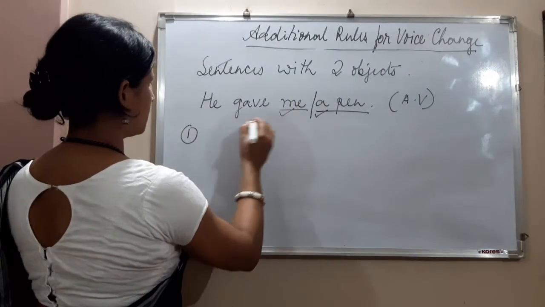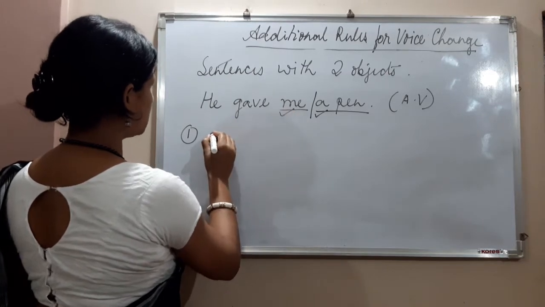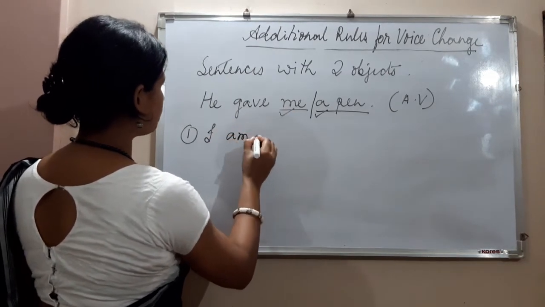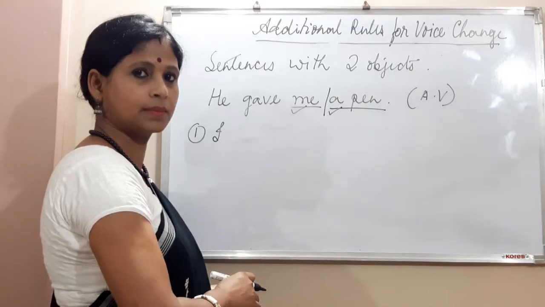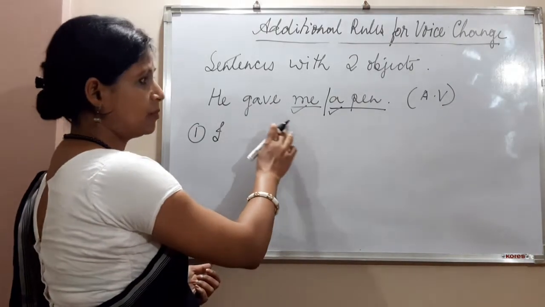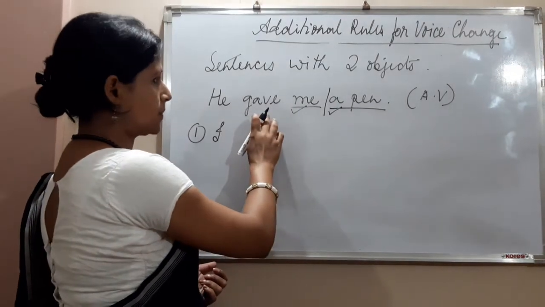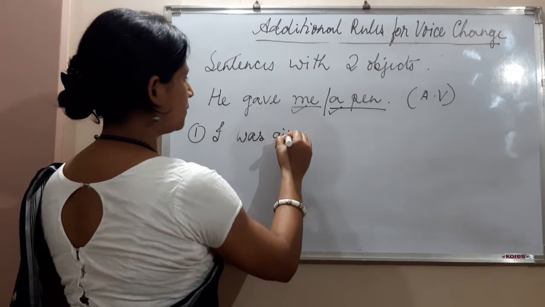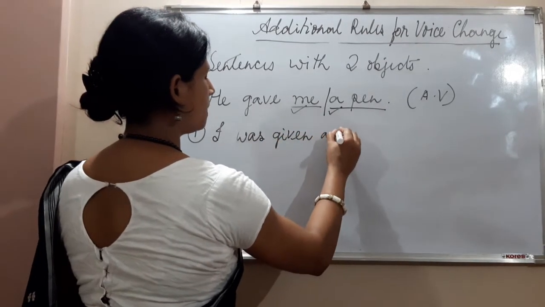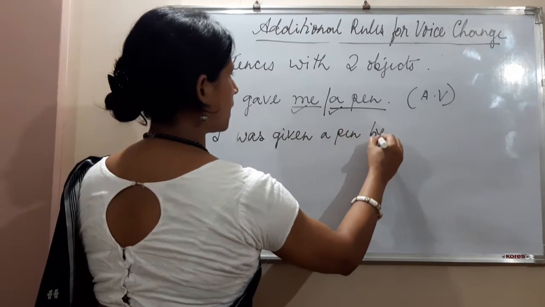Firstly, if we bring this to the subject slot, he gave me a pen, because this is past tense, I was given a pen by him.